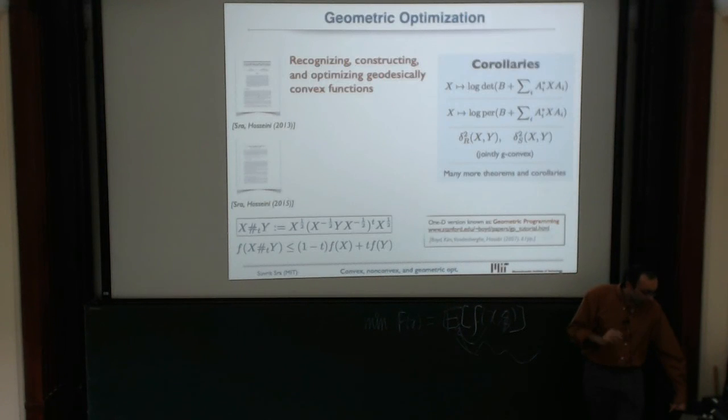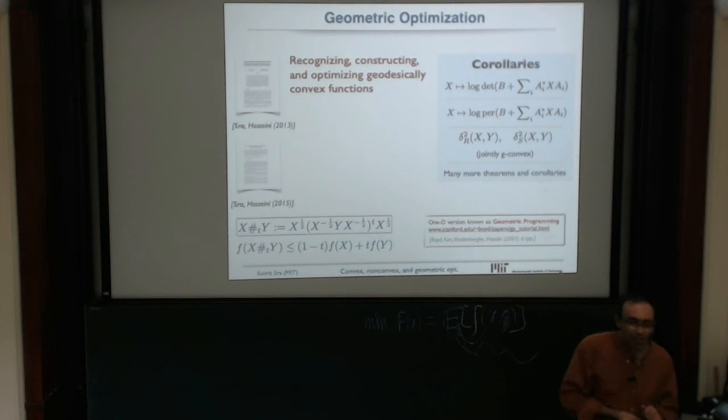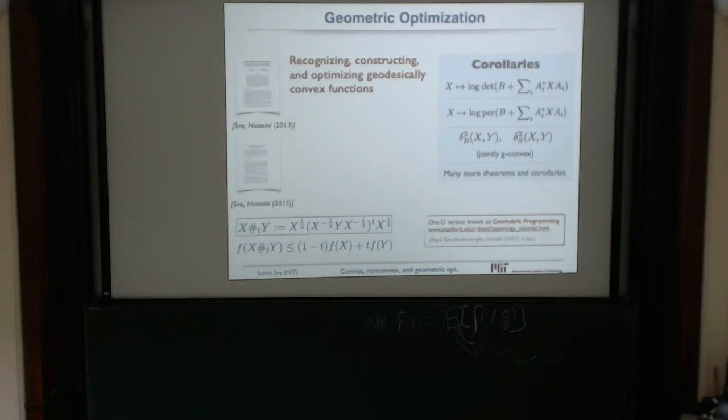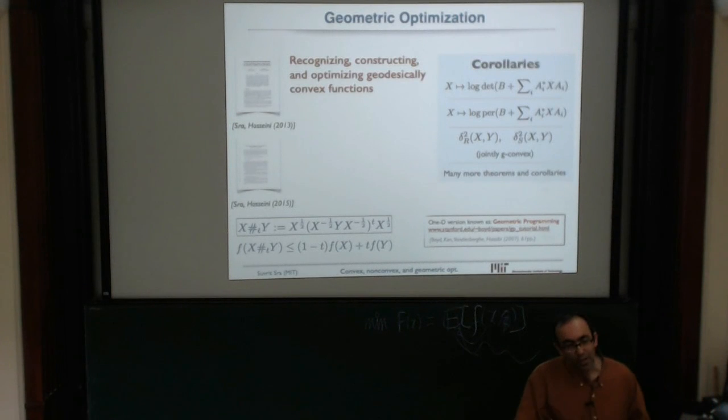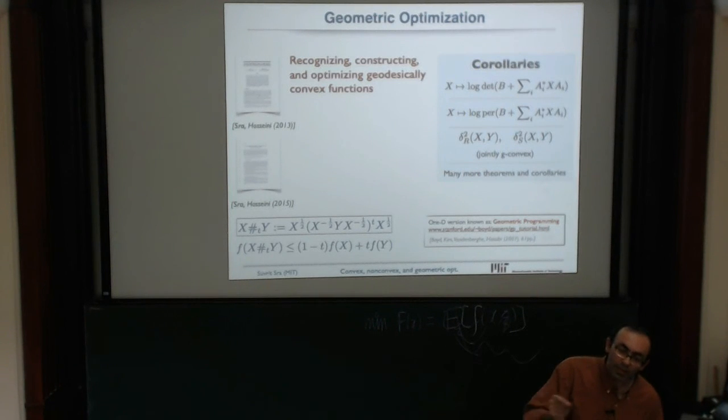And the one final thing that I wanted to mention for these spaces is the set of positive definite matrices, one of my favorite sets. It's not only a Euclidean convex cone, it also forms this type of manifold in which you can define convexity along curves.